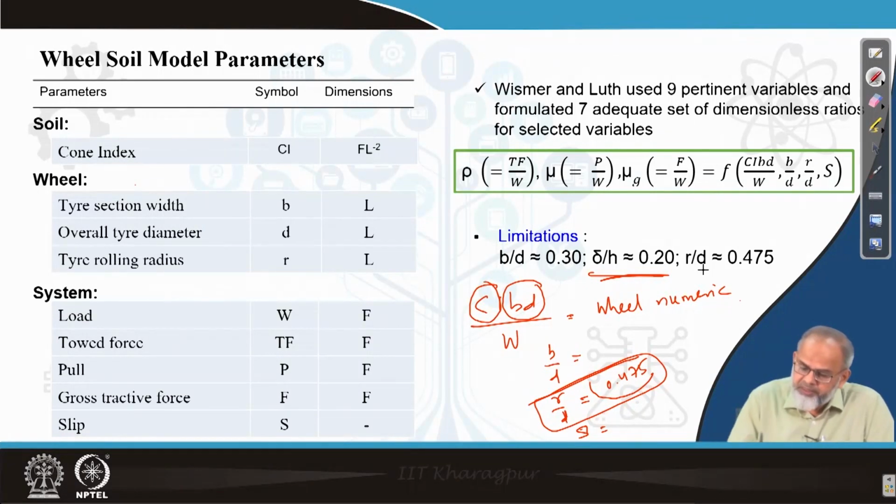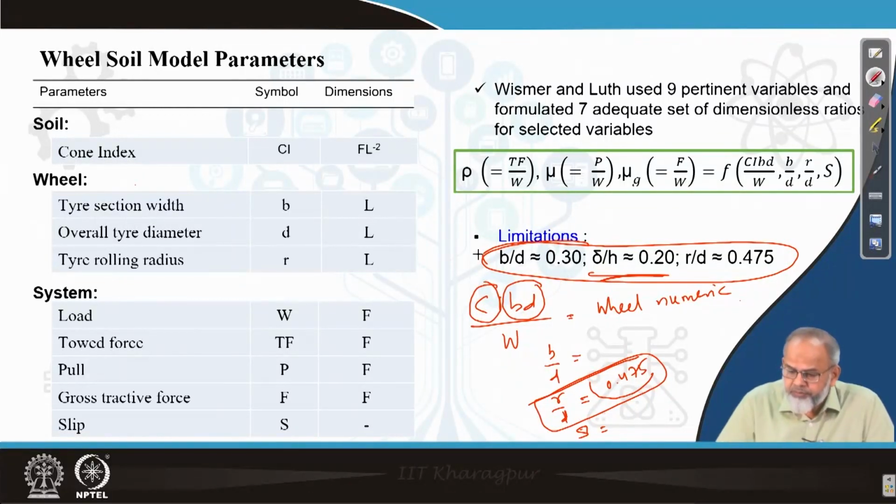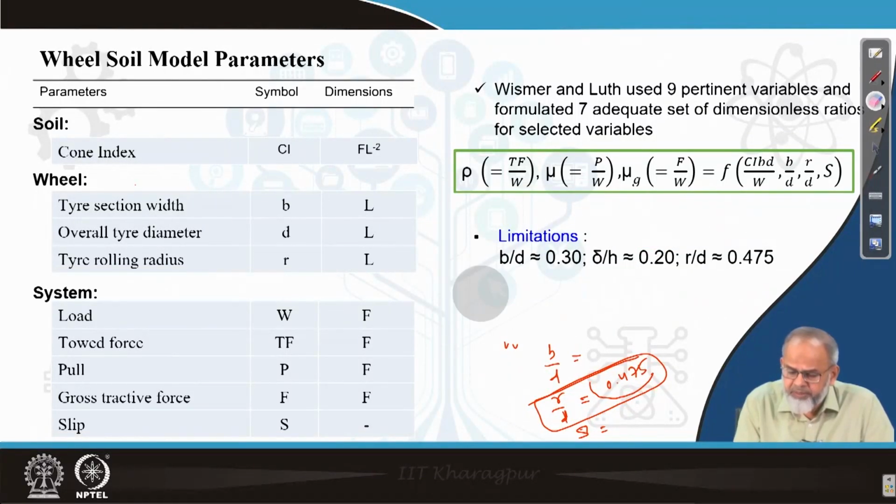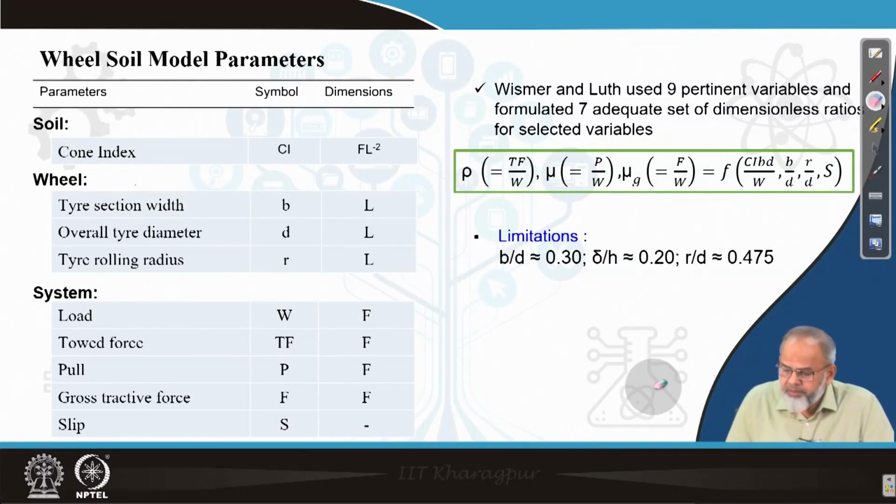So, these are the practical limitations, in the sense that under these variables he tried to develop some equations. Let us see what are those equations developed by Wismer and Luth, and then we will discuss what are its limitations later on.